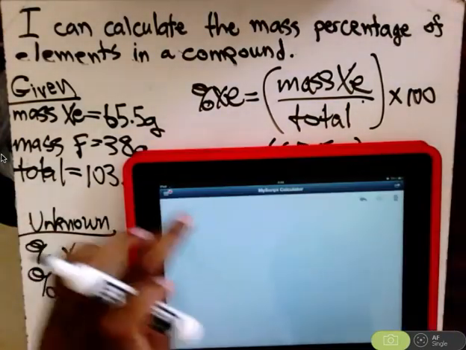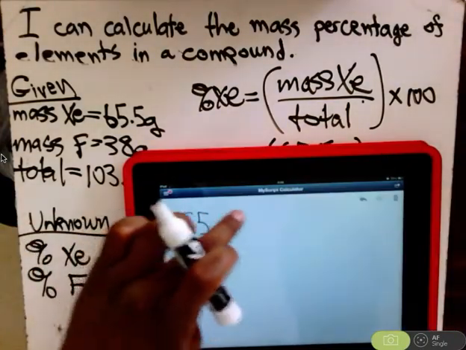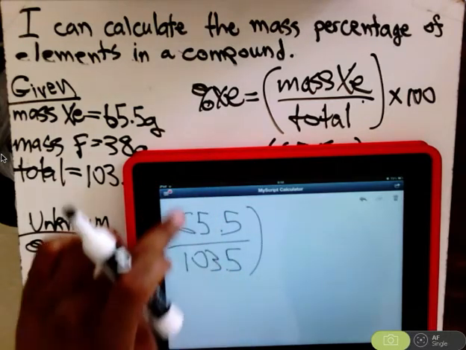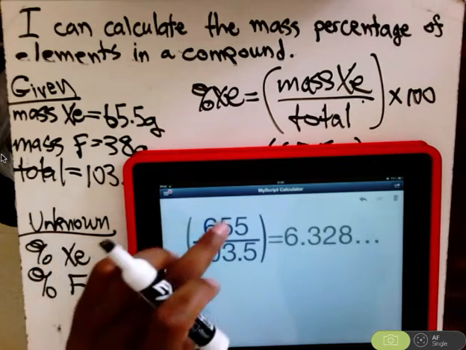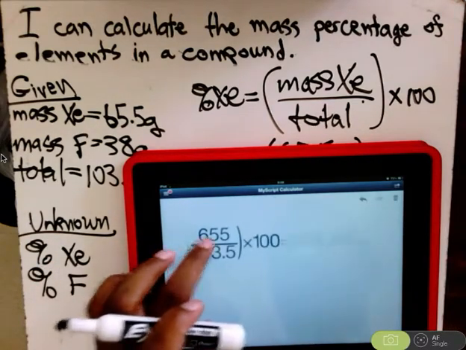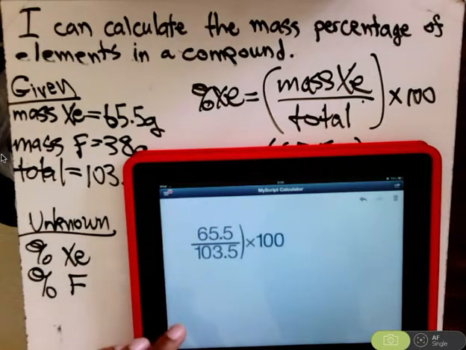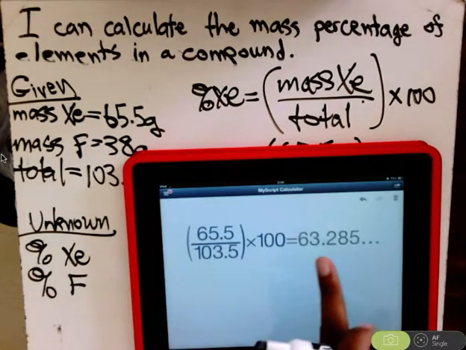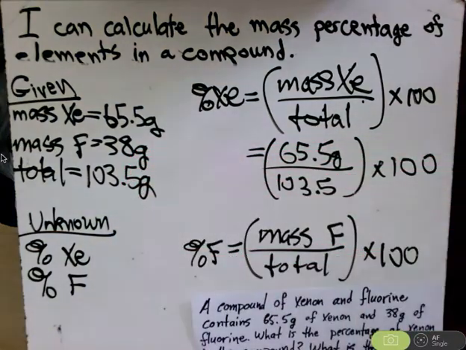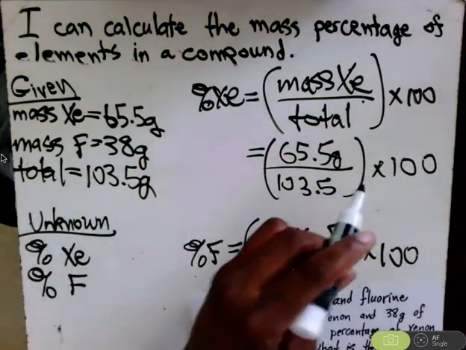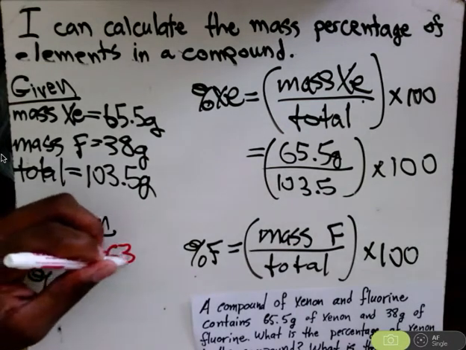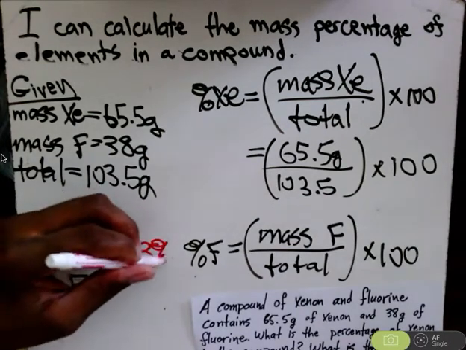When we put that in a calculator, that will give us 63.3% of xenon. So I'm going to say my percent of xenon is 63.3%.